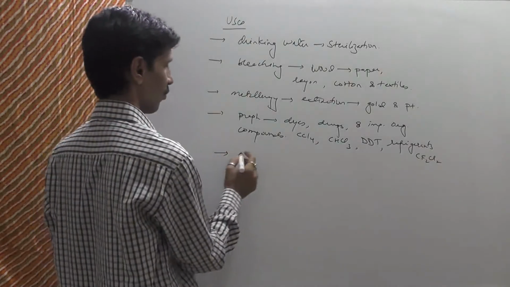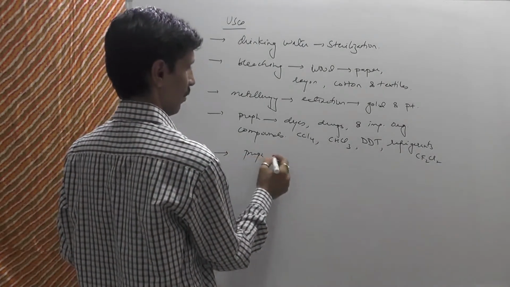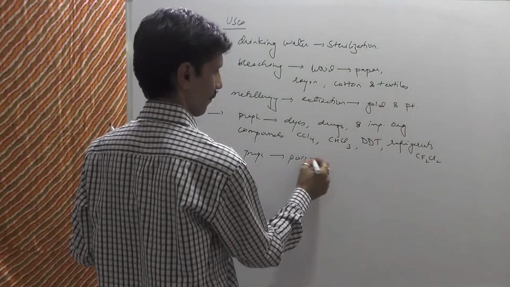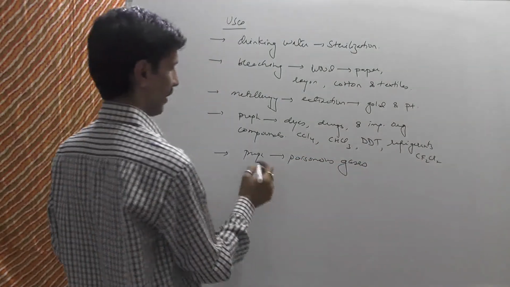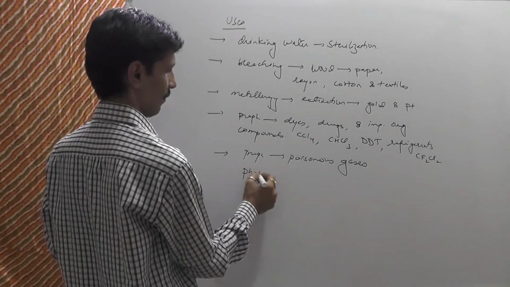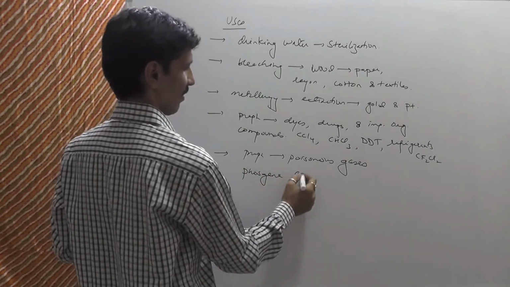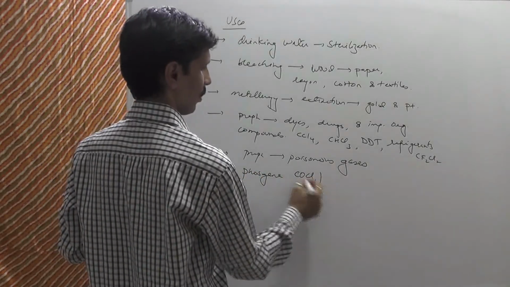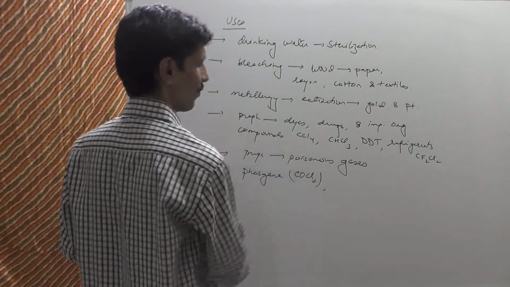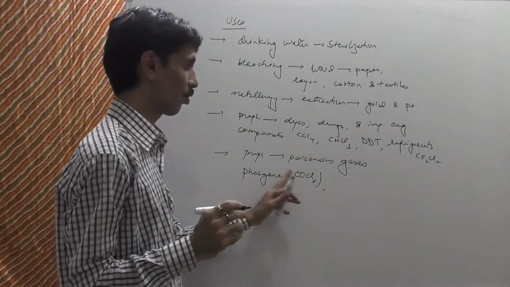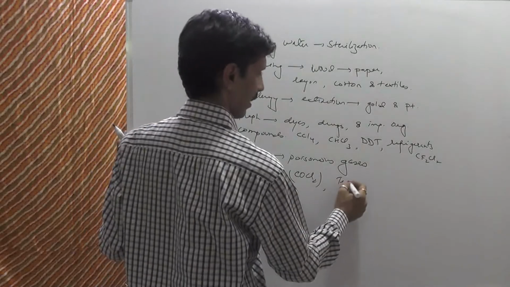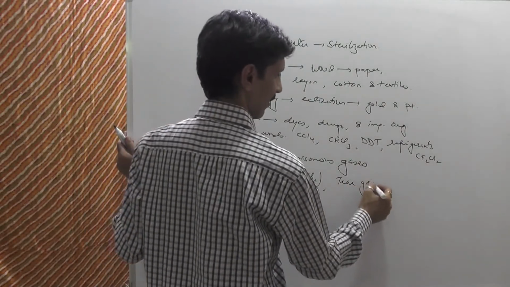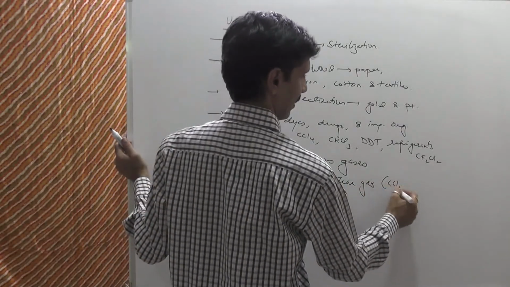Next one is, it is also used in the preparation of poisonous gases. अब poisonous gases की जब हम बात करते हैं तो उसमें पहला है फॉस्जीन, जिसका फॉर्मूला है COCl2, okay, COCl2, it's not cobalt, please, capital C capital O. Next one is, we have got tear gas, अश्रु गैस इसे बोला जाता है, CCl3NO2.